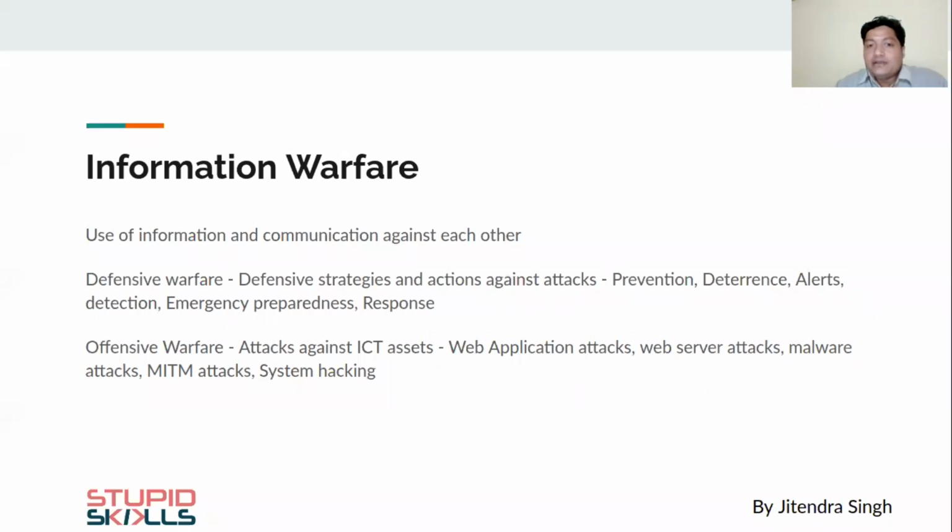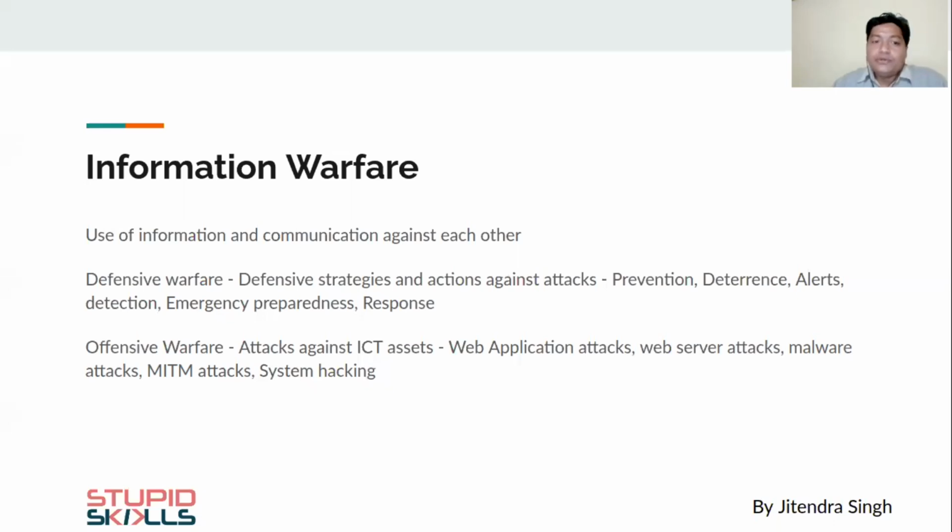And the two sides are not limited to one particular organization. Information warfare can be between two companies, it can be between two states, it can be between two nations. So there is no defined particular scope of information warfare.